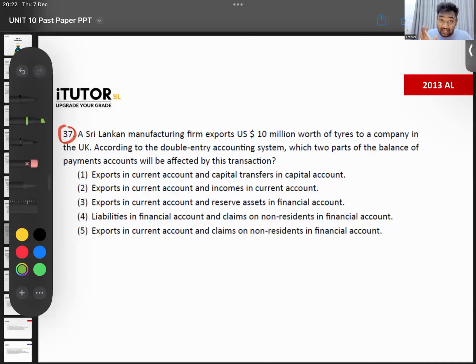So whenever we are getting money, what is the double entry? When we are getting money, debit, financial account, other investment, currency and deposits. If we are paying money, then credit, financial account, other investment, currency and deposits.